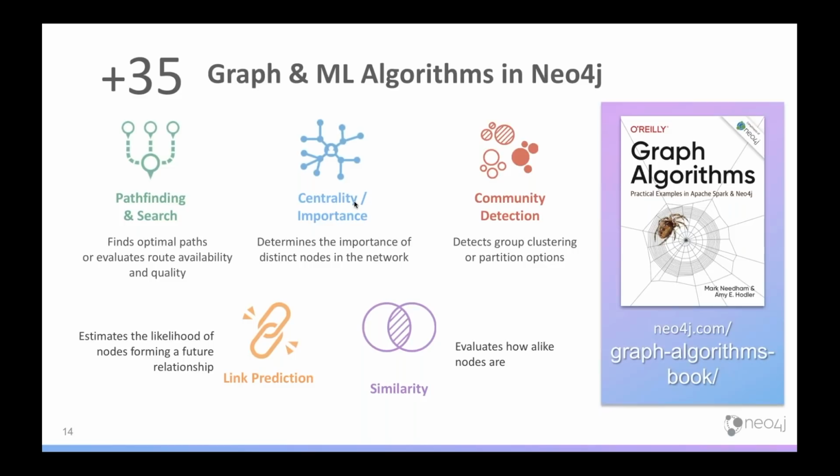And if you look at the main part of the slide, there are 35 algorithms that are grouped into complex weighted path finding, centrality, so that's things like PageRank and other centrality algorithms, and community detection.